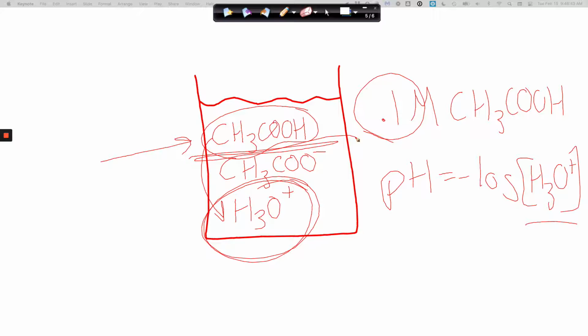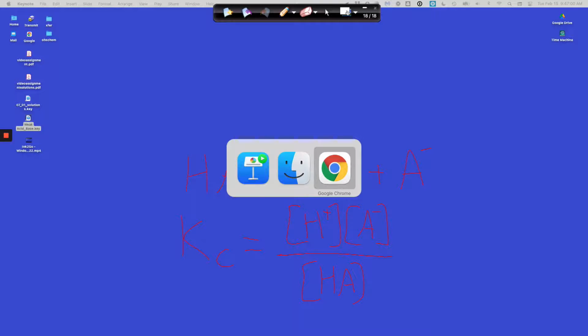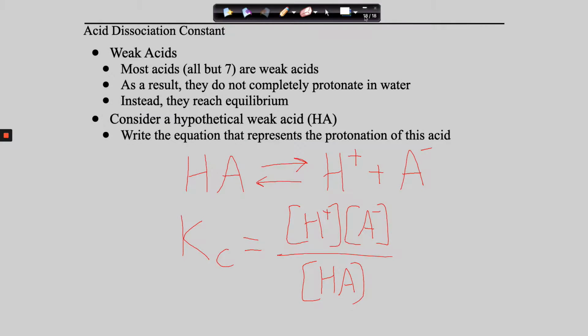It's not protonated, but it is aqueous. So even the weak acid is fully dissolved. Be sure you're clear on that. It is fully dissolved. It's just not fully protonated. And as a result, it does show up in the equilibrium expression.